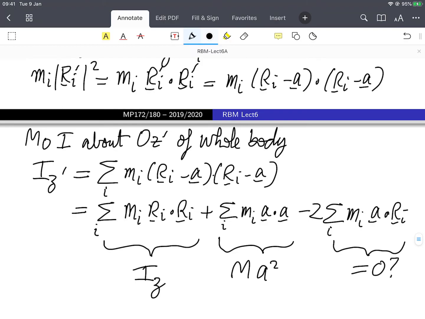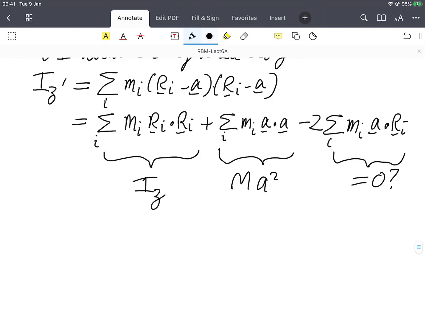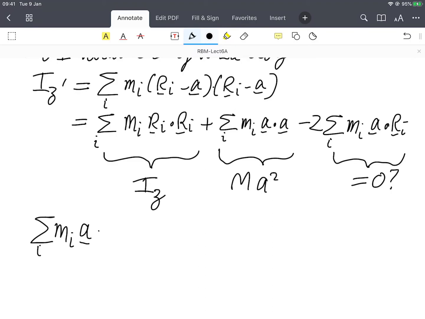Huh. Let's have a closer look at this quantity. Is it really 0? Okay, I can see that the A is a factor in here.